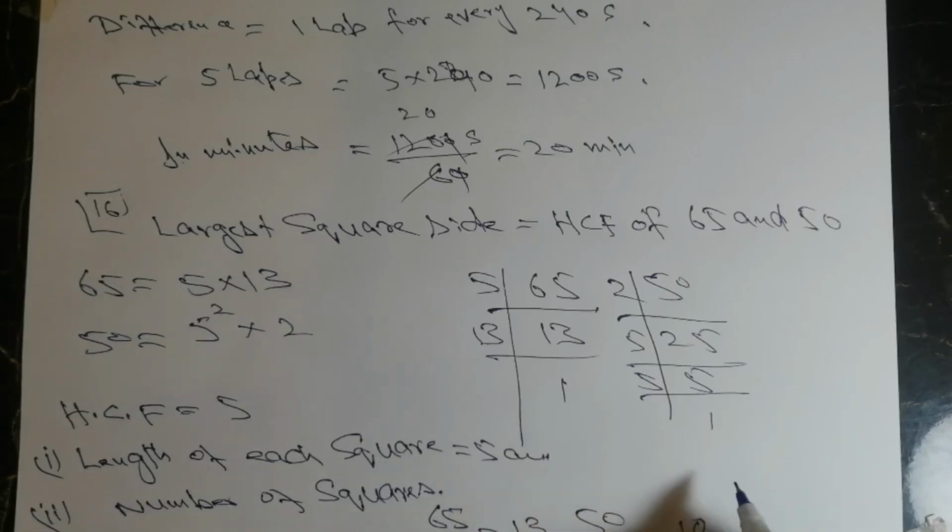So total squares 13 into 10, that is equal to 130 squares altogether. This is the answer.